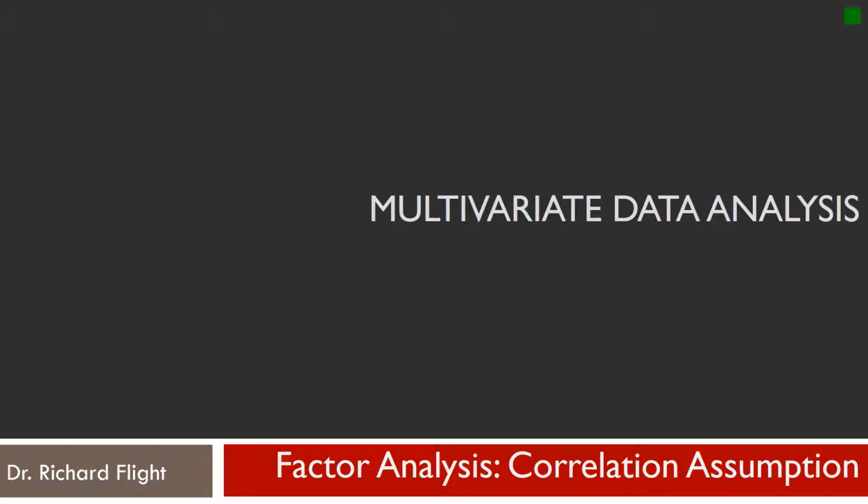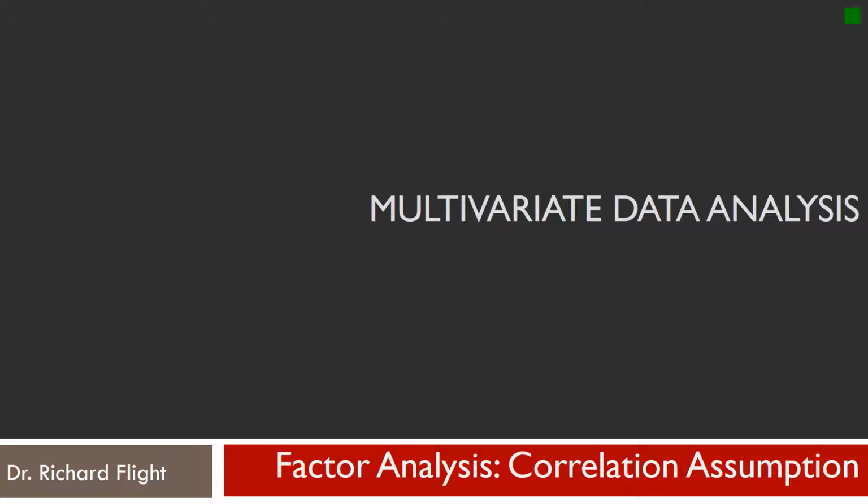All right, as we move on and continue looking at factor analysis, I want to make a quick little video with this idea that underlying the factor analysis process is this idea that variables have to be correlated.